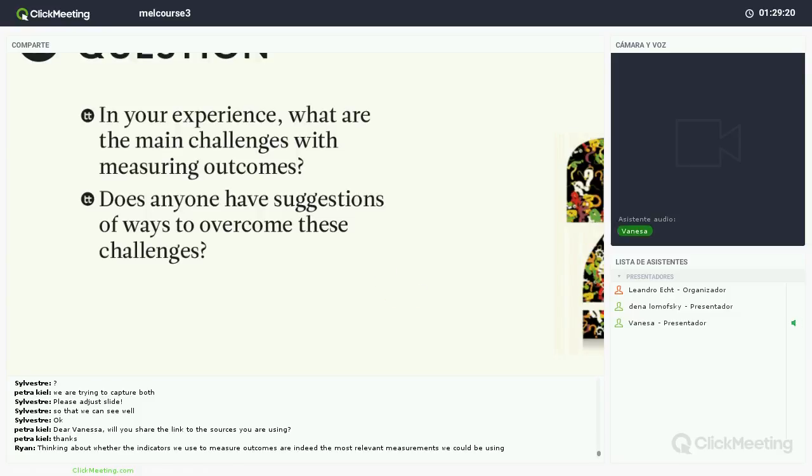Good, Ryan. And yes, this is a very frequent challenge in terms of identifying the indicators to measure those outcomes. Sometimes we feel that indicators are quite poor, or that the ideal indicator to measure those outcomes is very difficult to really measure or to gather the information that we need, right?